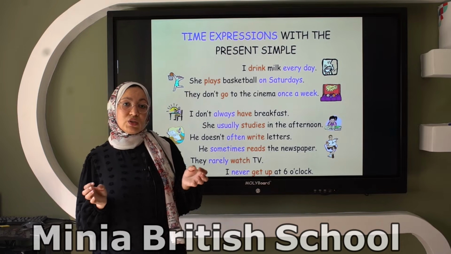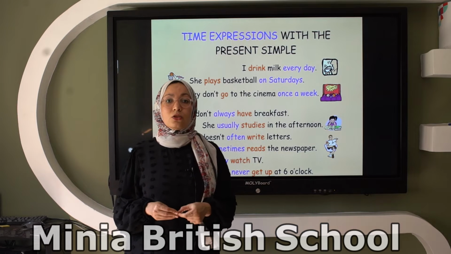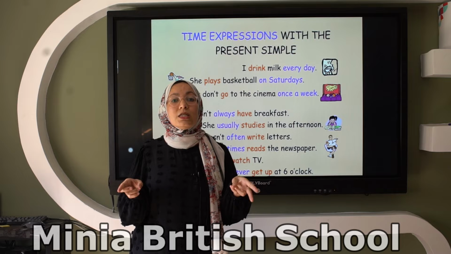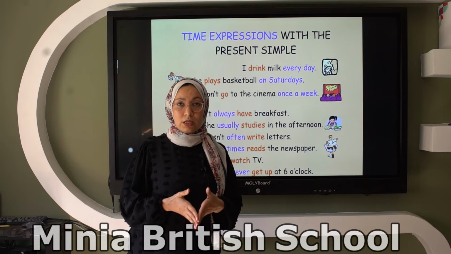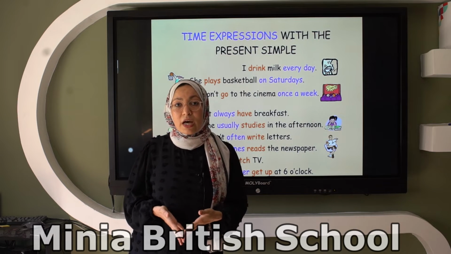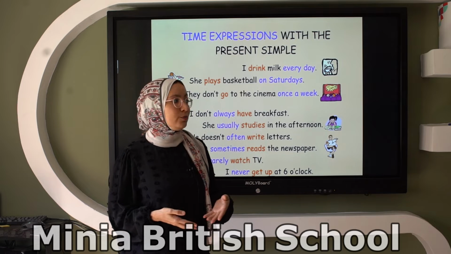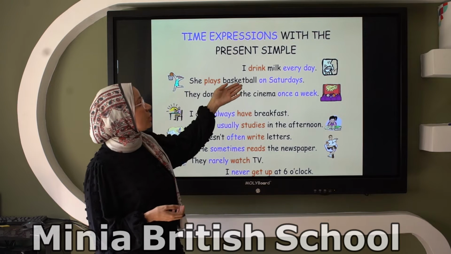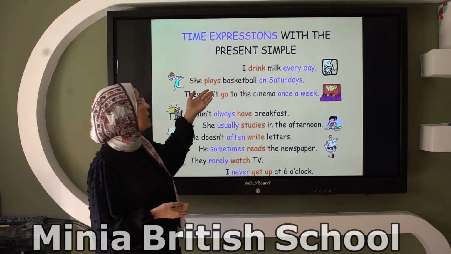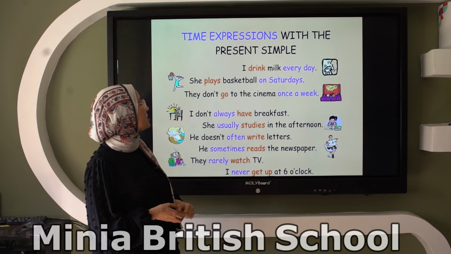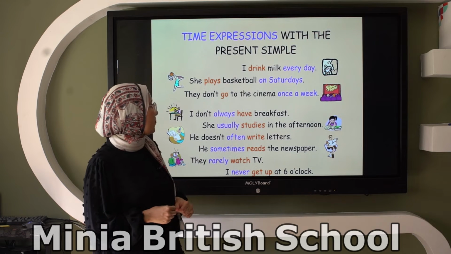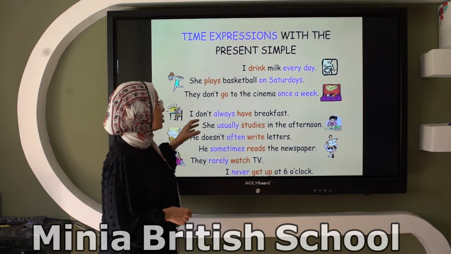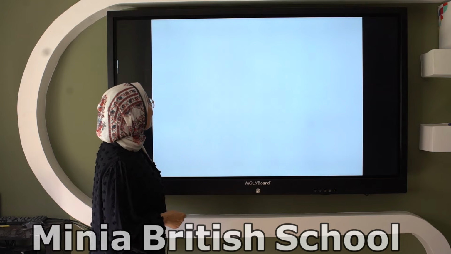It means that when you see an expression like this in the sentence, it refers to present simple tense, and you have to put the sentence into the present simple form, okay? Like, I drink milk every day, she plays basketball on Saturdays, they don't go to the cinema once a week, okay? Now, let's skip this part because we're going to take it right now.